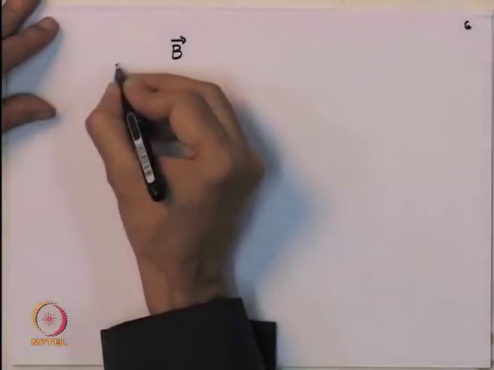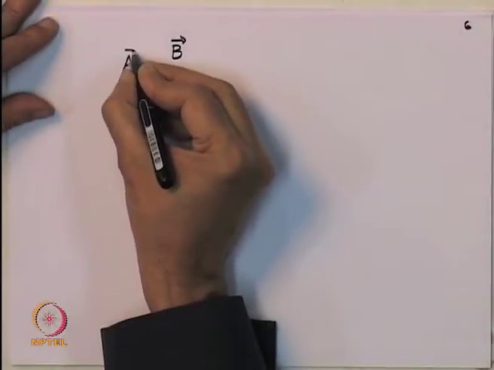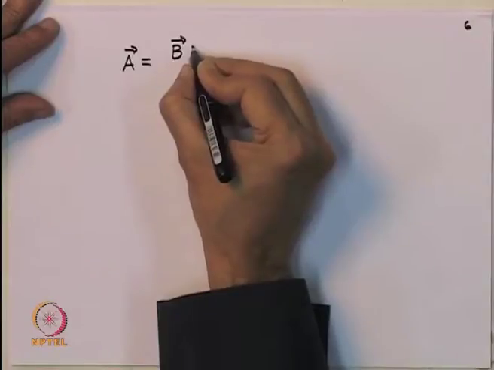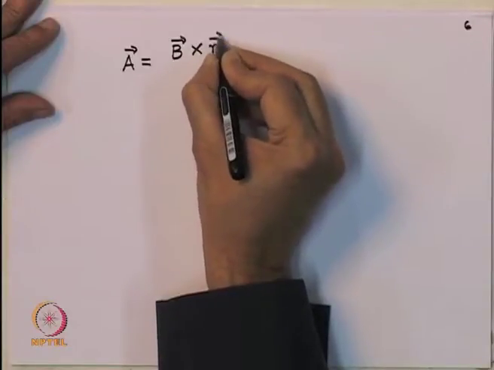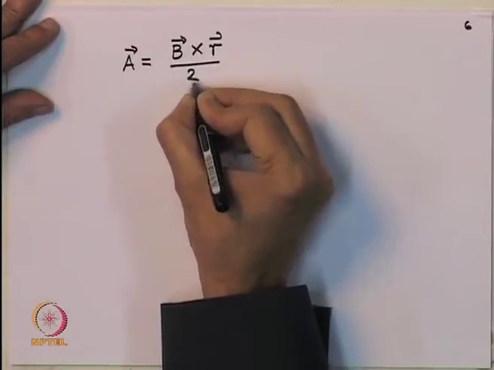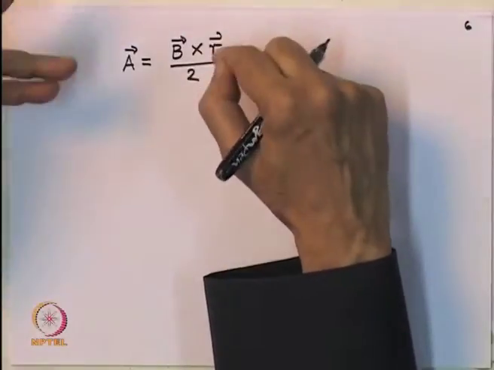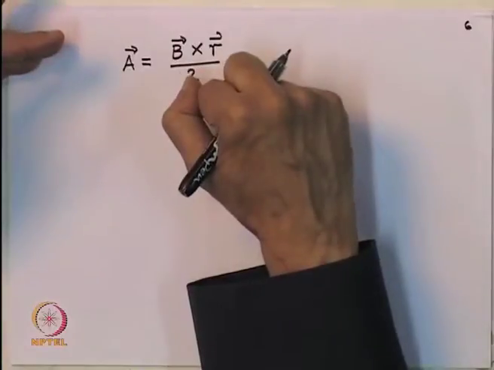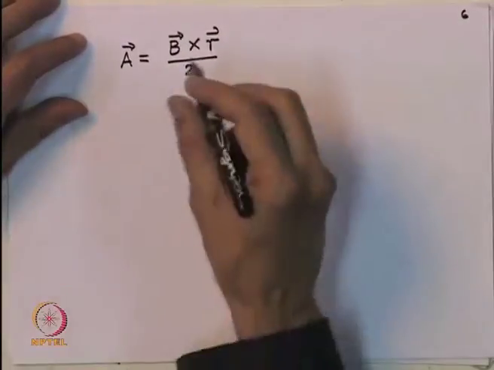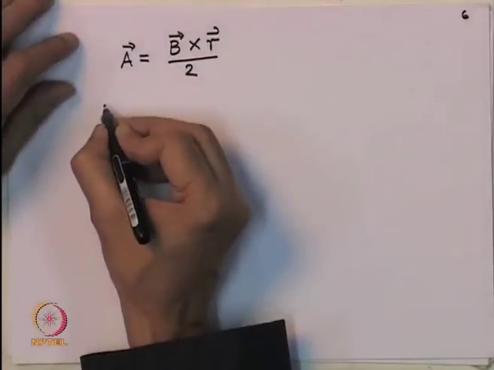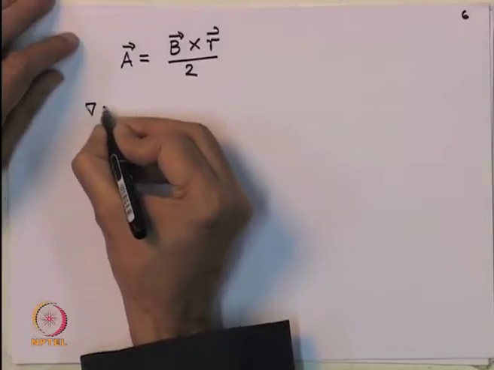So, I claim that the vector potential A is given by the expression B cross R by 2. This is, of course, as we have said repeatedly, one of the possibilities.